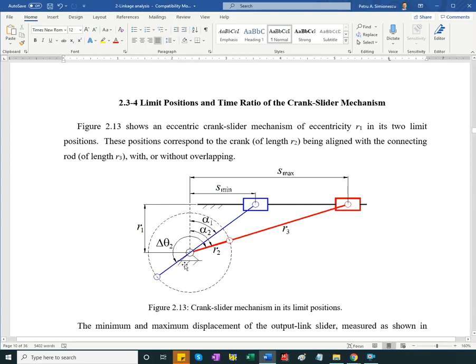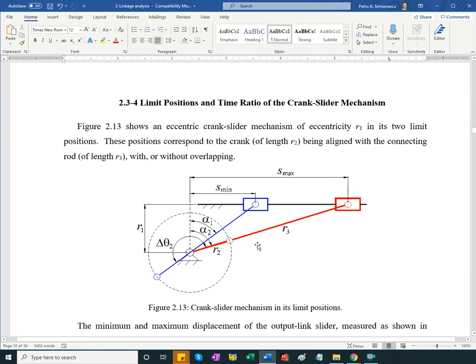Please note, a limit position occurs when the two moving links are in line, and the other limit position is where the links are overlapped and the joints are inline. Joints 1, 2, 3 are collinear. R2 and R3 are extended, or R3 and R2 overlap.